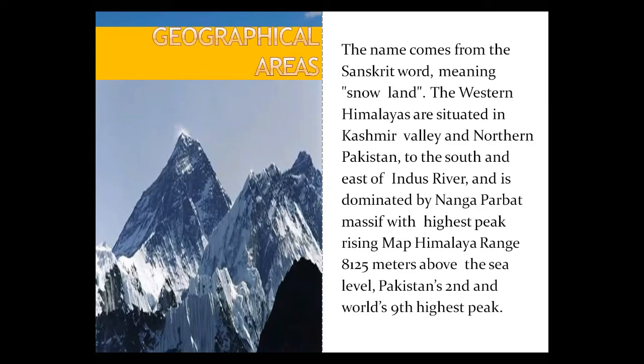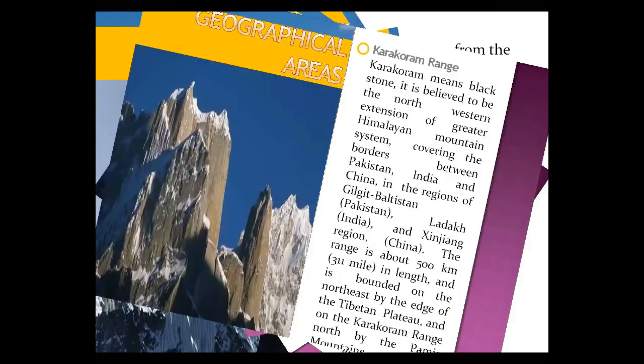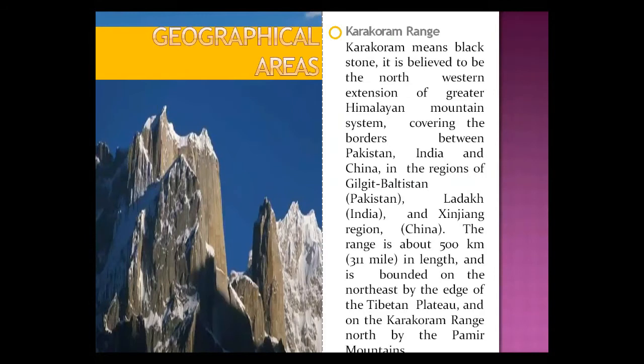Next is the central Himalaya range. This mountain range lies between the Pir Panjal and the Karakoram range. These ranges have an average height of 6,000 meters. Most of the peaks remain snow covered throughout the year.